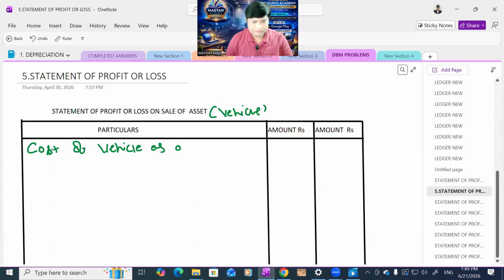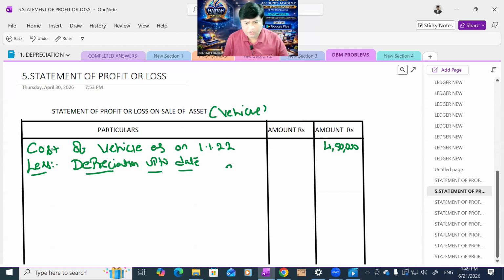as on 1/1/2022. It is purchased for how much, dear students? It is purchased for 4,50,000, less depreciation up to date. So just go through it. On 31st December 2022, the depreciation for the first year we have calculated earlier is 90,000.